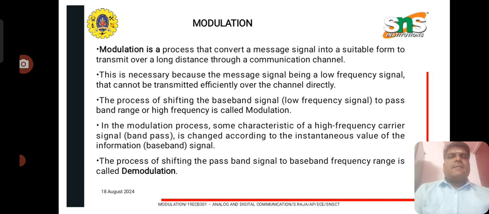The process of shifting the baseband signal to passband range or higher frequency is called modulation. In the modulation process, some characteristics of a high frequency carrier signal are changed according to the instantaneous value of the information signal. The process of shifting the passband signal to baseband frequency range is called demodulation.